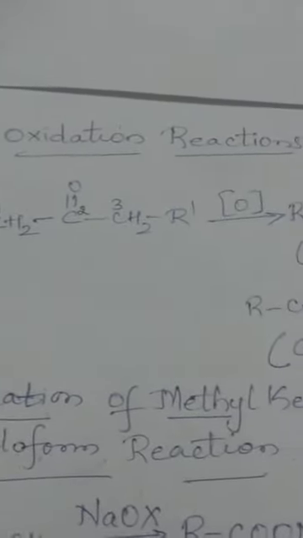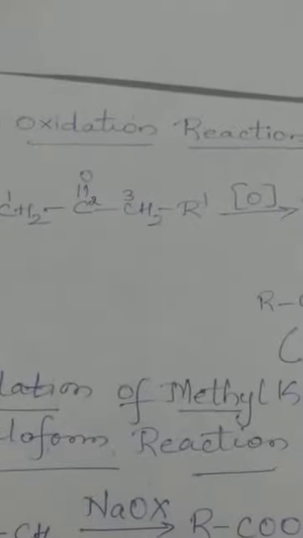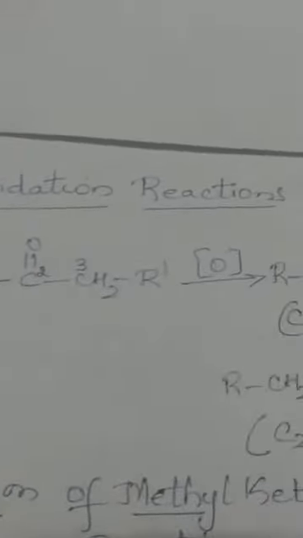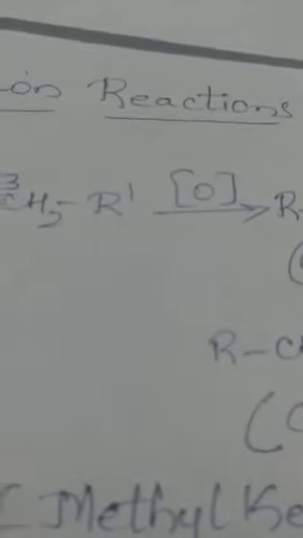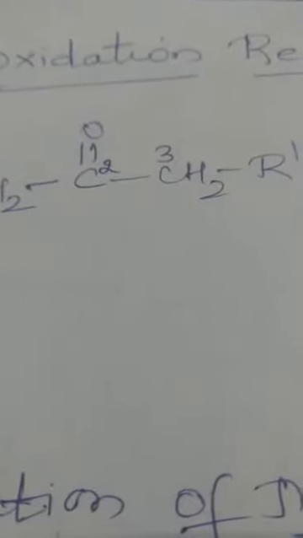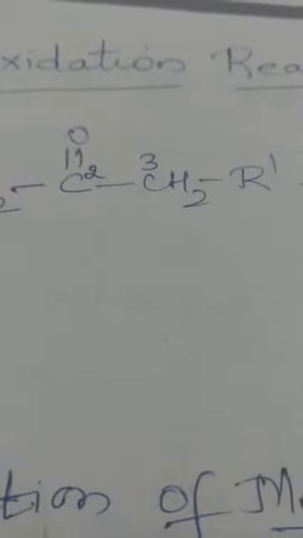As you all know, the strong oxidizing agents are either acidified potassium permanganate solution or acidified potassium dichromate solution, which generate the nascent oxygen shown in square brackets. So oxidation gives the products as carboxylic acids due to cleavage of the carbon-carbon bond.